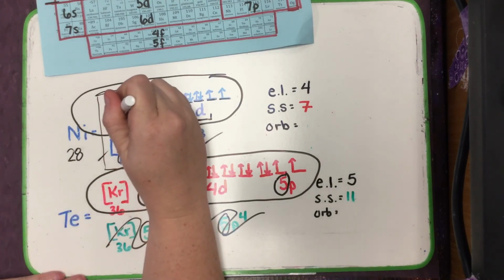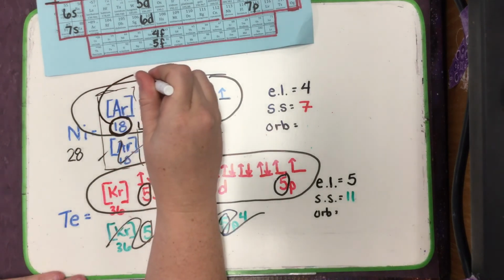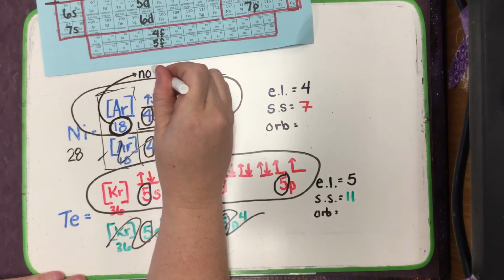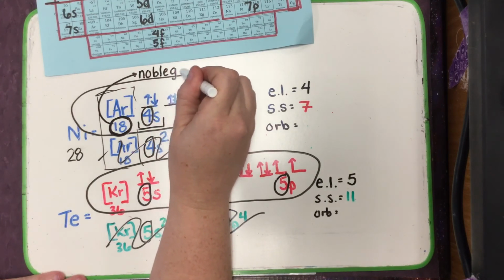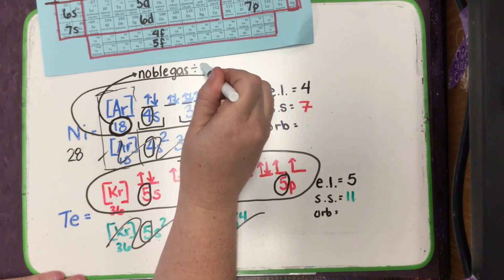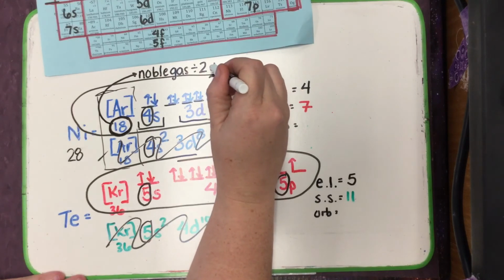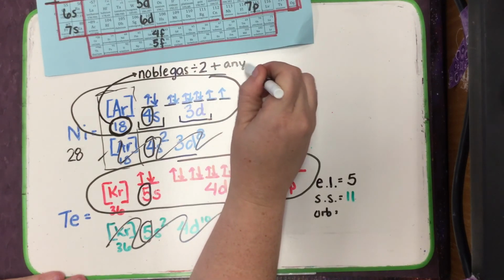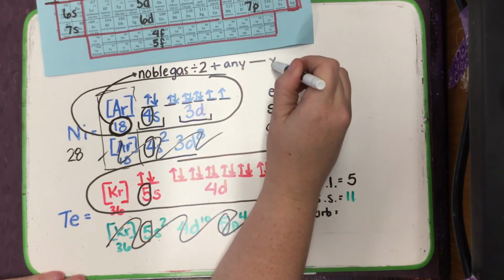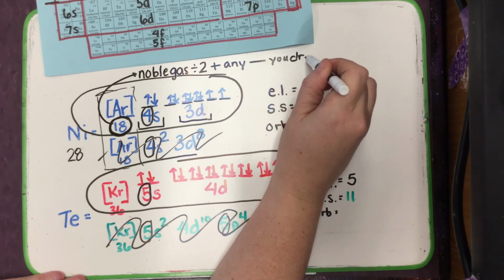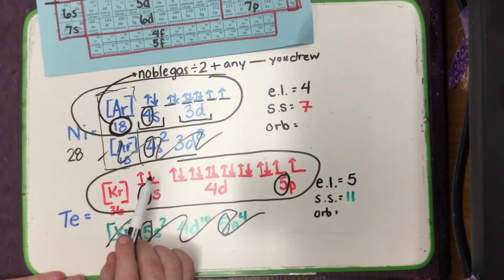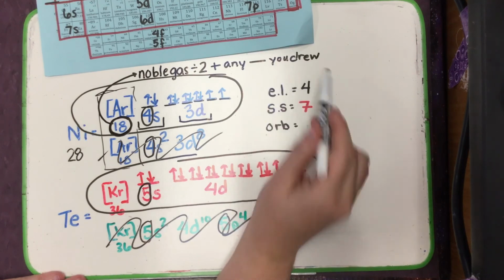So really, to figure out the orbitals, all we need to do is take the noble gas divided by 2, because that'll tell us how many lines were required for that many arrows, and then plus any lines you drew.